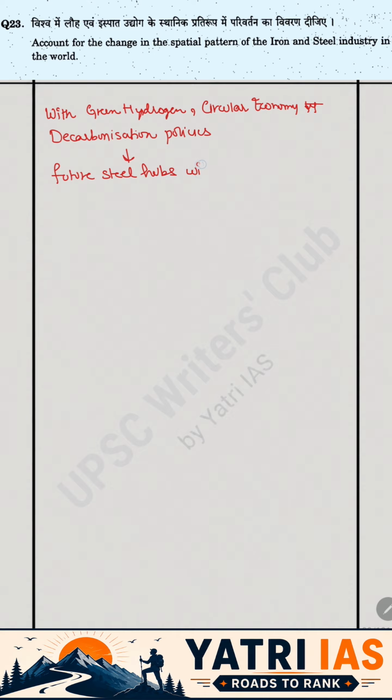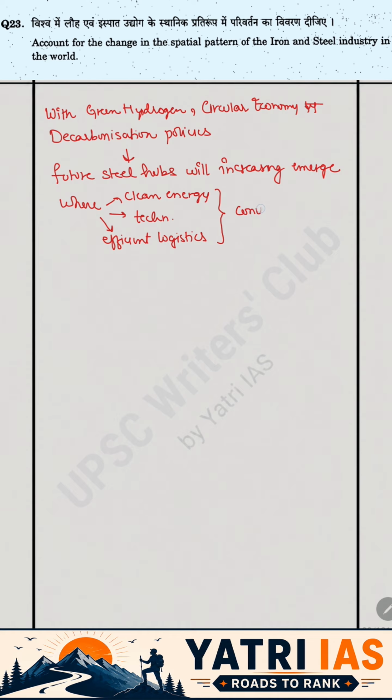And then you could end your answer by writing: with green hydrogen, circular economy and decarbonization policies, future steel hubs will increasingly emerge where clean energy, technology, efficient logistics, they all converge rather than merely where raw materials are found.